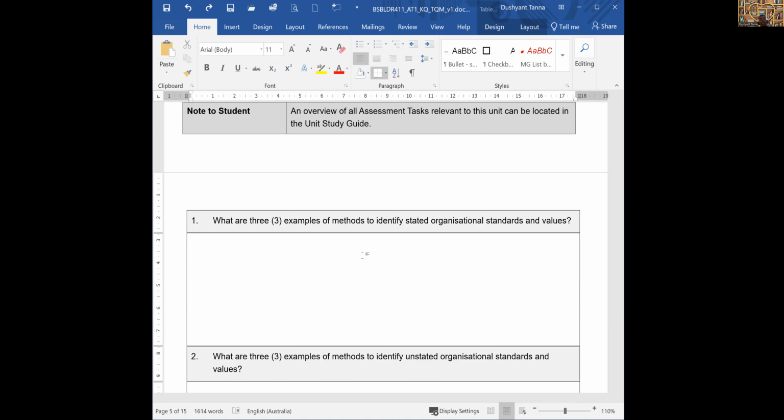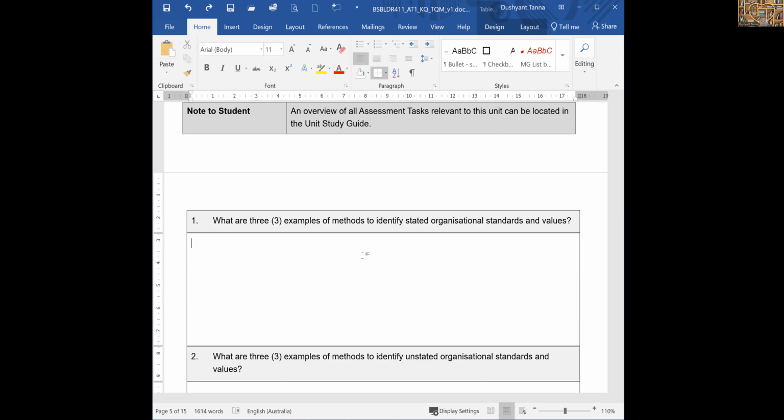Like I just said, you need to aim for at least 3 to 5 sentences. If you write just a one-line sentence as a response, it is not sufficient. Stated standards and values can be inherited from your manager, or explained when you are doing the induction.